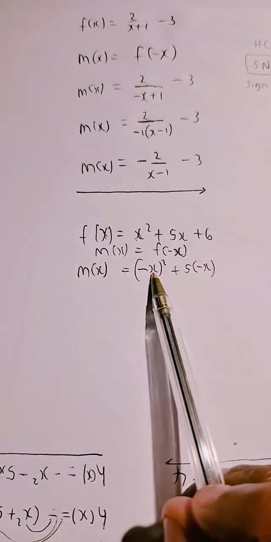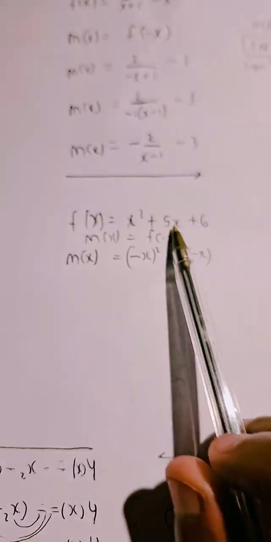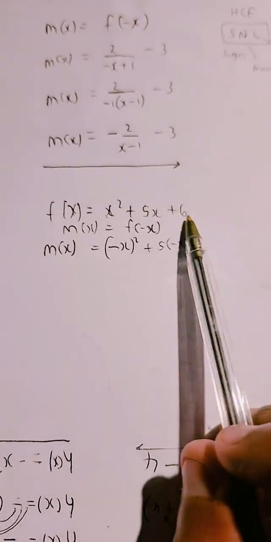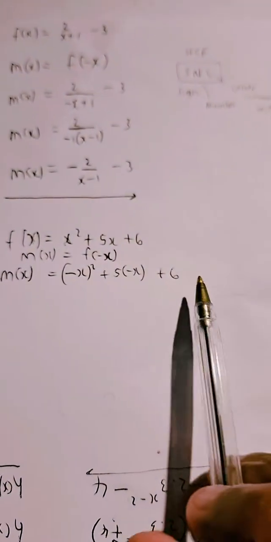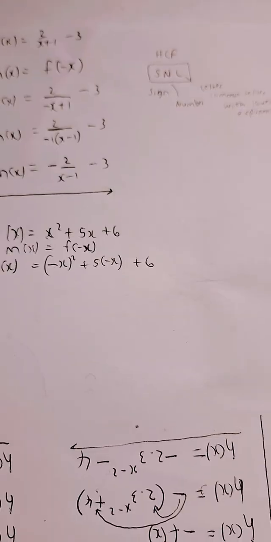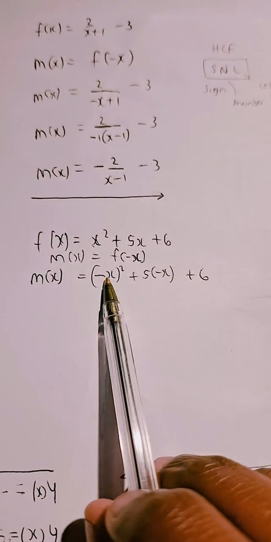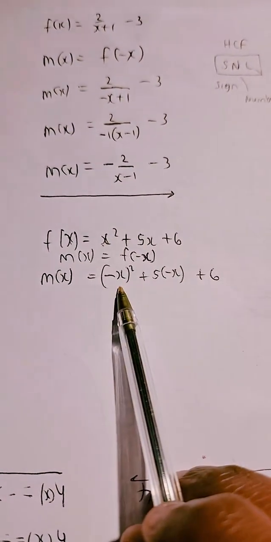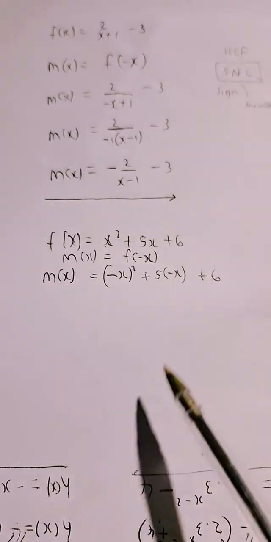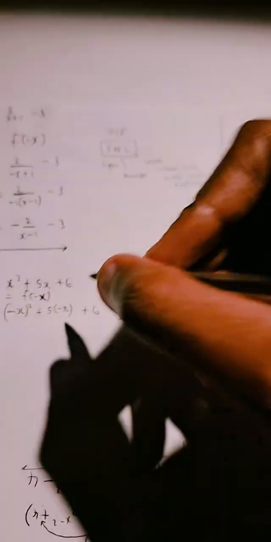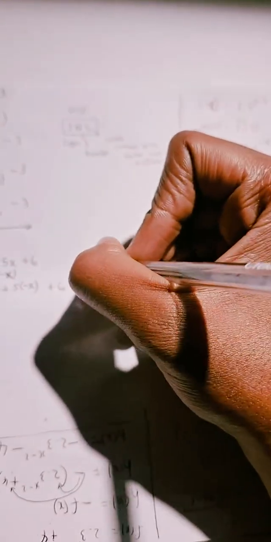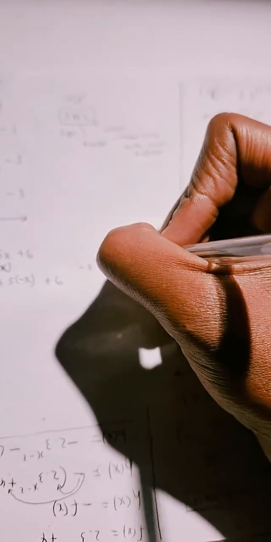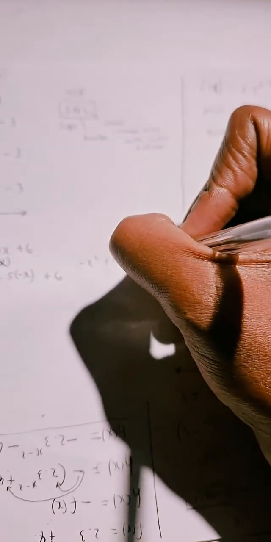You see, this x was positive. Now we say negative x squared plus 5 into negative x plus 6. Obviously, the 6 is unaffected because it has no x. Please, guys, put the negative x in brackets and then the square. I think most learners do this, and that's where the problems basically start.